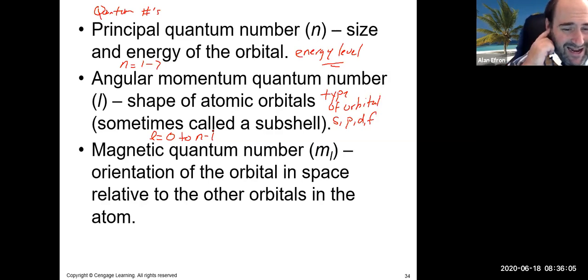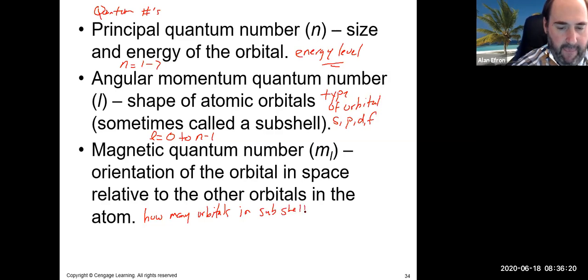Another way you could look at M sub L is how many orbitals there are in a subshell.